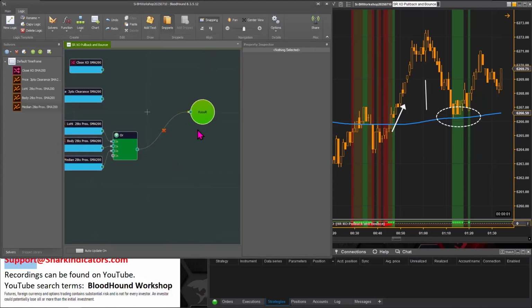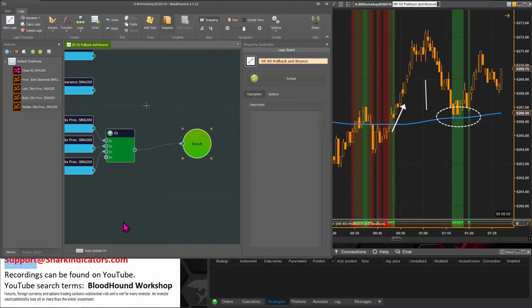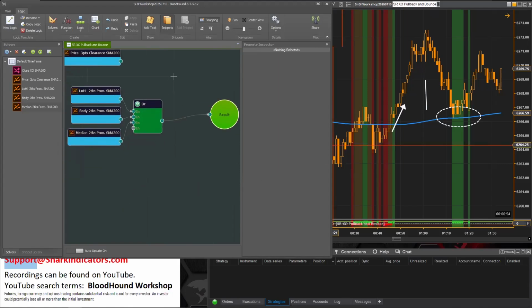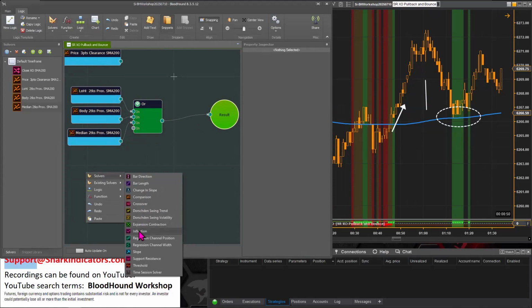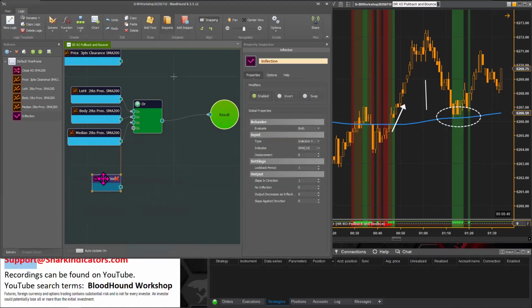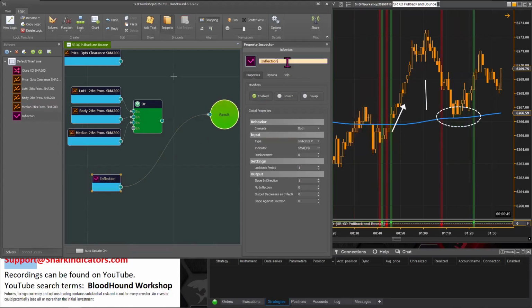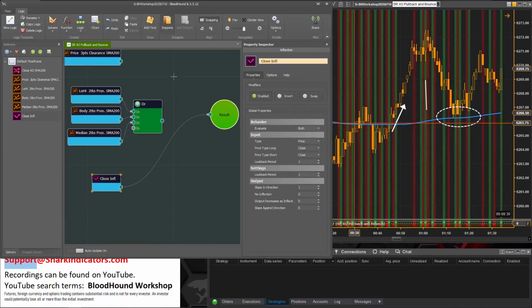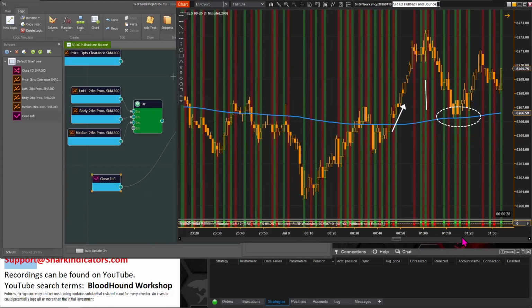So the easiest way to identify if price is bouncing away is an inflection solver. Let me get this named here. All right. So we can just check to see if the closing price of the bar reverses direction.